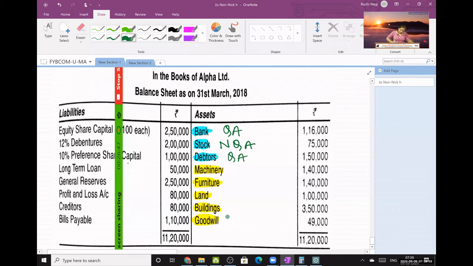तो ये है मेरा fixed assets. ओके, ठीक है.